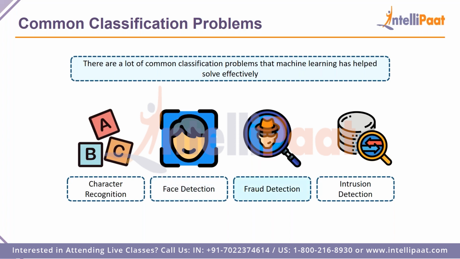Then comes fraud detection. If you work in the banking industry, fraud detection is something in which machine learning is used quite a lot. It takes a look at a lot of transactions, users' credit scores, and so on, and understands which transactions could be considered fraudulent. Finally, we have intrusion detection. This is used in cybersecurity.